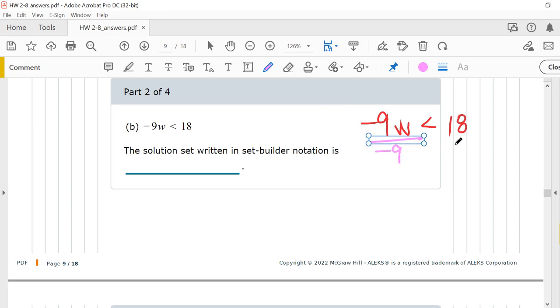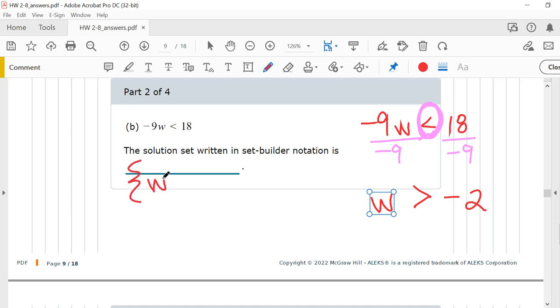But when I multiply or divide by a negative number with the inequality, I've got to remember to flip that inequality because I divided by a -9. So here we go. I'm going to have w greater than 18 divided by -9 is -2. So in set builder notation, my solution set is all w's such that w is greater than -2.